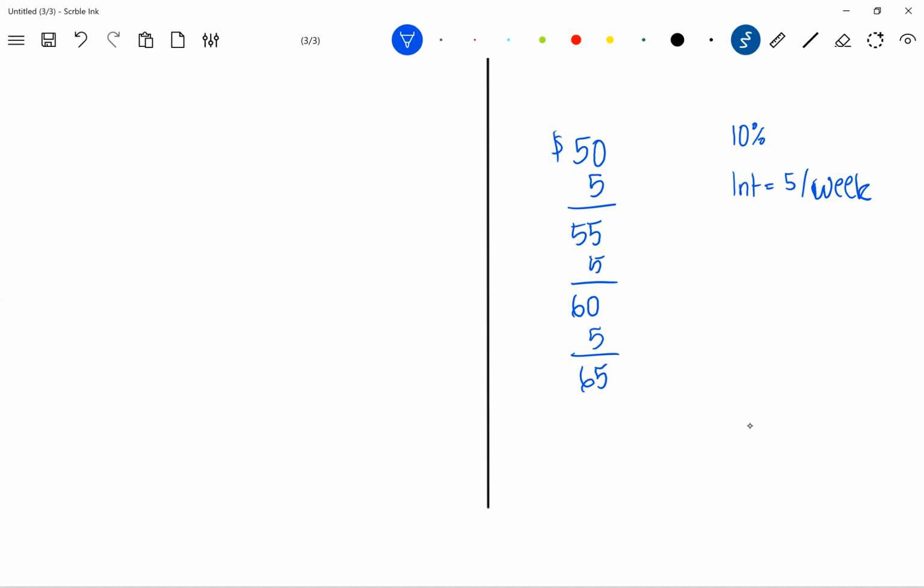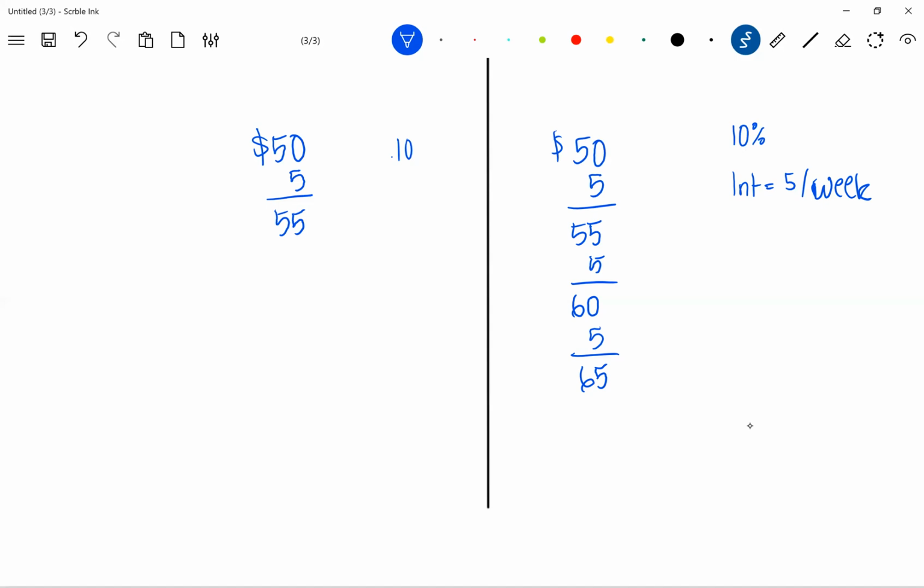So let's say she gets even smarter and says, I'm going to compound it. So each week, it's going to be 10%. So 10% of 50 is 5. So after the first week, I'm going to owe her $55. Okay? But then it's going to be compounded.